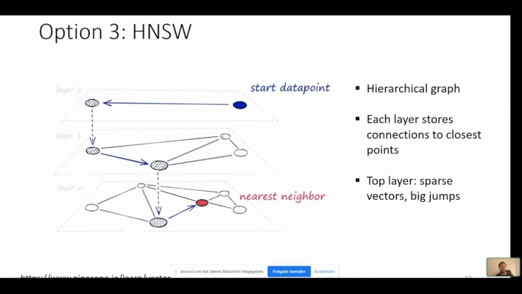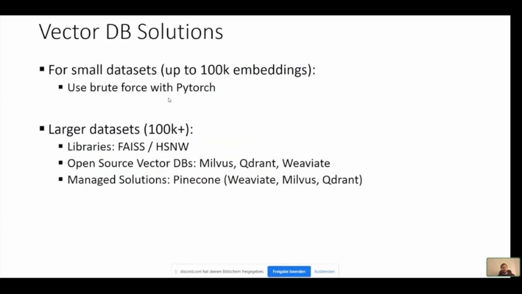Here you pre-computed all the closest neighbors, and you can then check the neighbors of every point to see if they are closer to the query. Once you have found the closest point in this level, you go to the next level and the next level. So in the top level, you have really sparse vectors and you do big jumps. And the deeper you go in the graph, the more fine-grained the search gets.